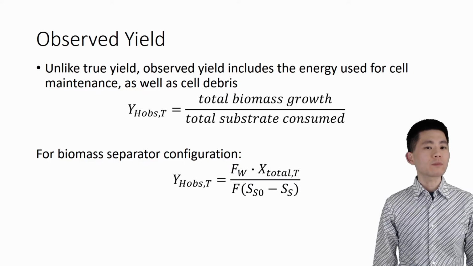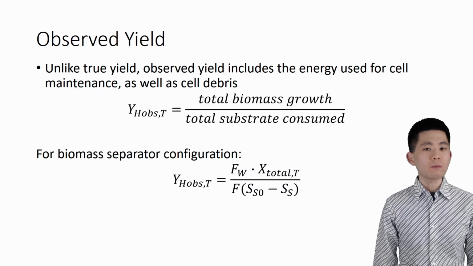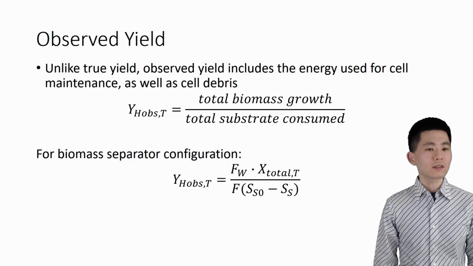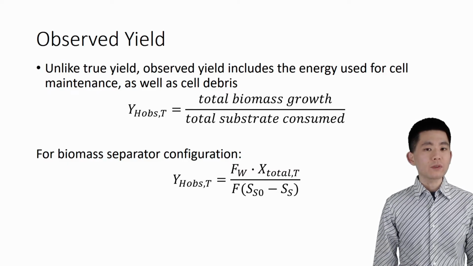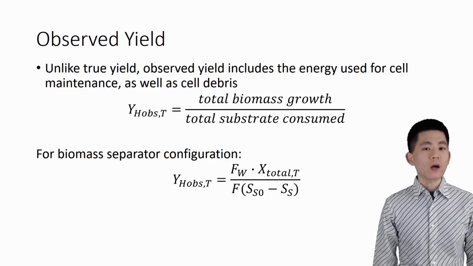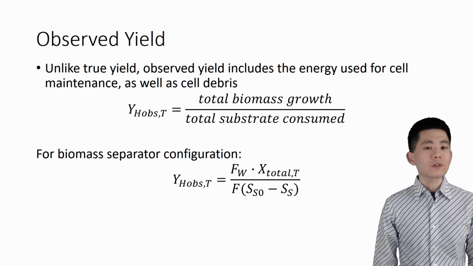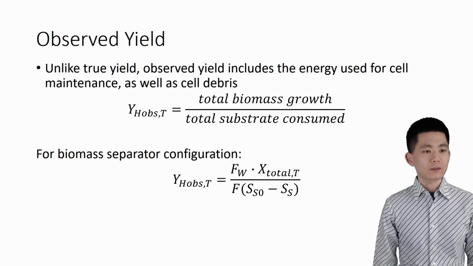As we have covered previously, the observed yield is the total biomass growth per substrate consumed, considering the cell decay and maintenance. In the biomass separator configuration at steady state, there's no biomass in the influent, and all biomass grown and decayed is wasted. So the total biomass growth is the total biomass concentration times the waste stream flow rate. The total substrate consumed is the difference between influent and effluent substrate concentration times the influent flow rate.